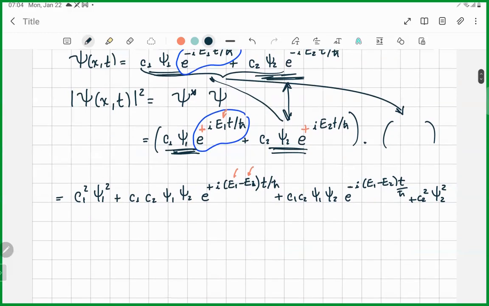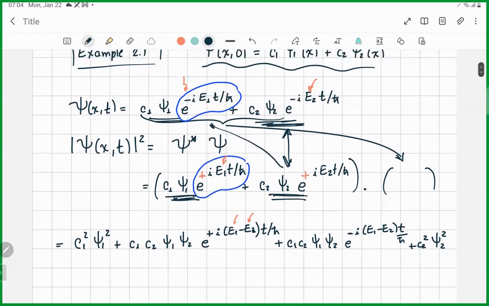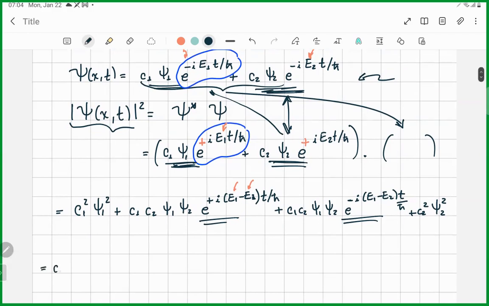You see what we were saying. When we have a general state, not a stationary state, the probability density is not a constant as we have for stationary states. You see here that it has a dependence on time. Let me rewrite these things and see if you recognize what we have. What is this time dependence? Let me pick C1 squared psi1 squared, and C2 squared psi2 squared.